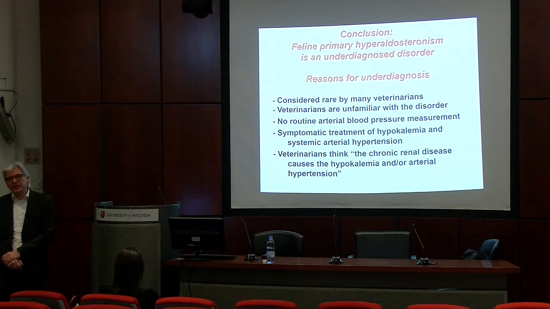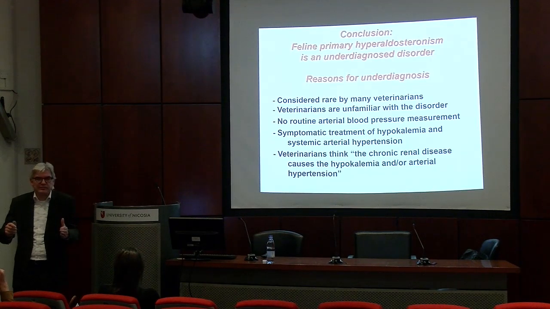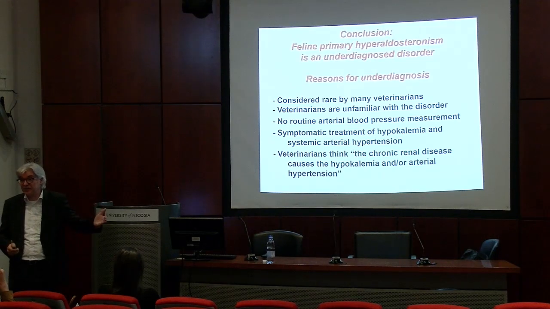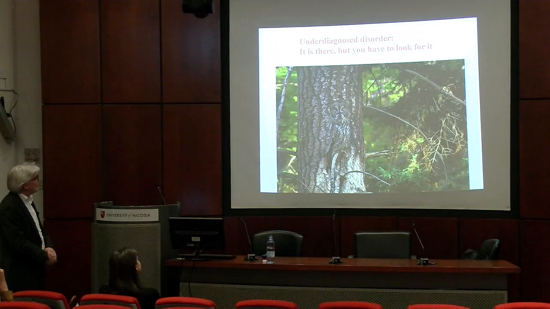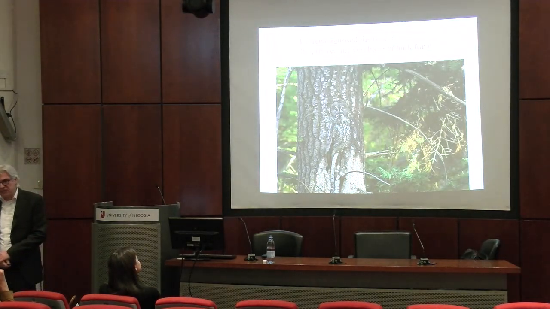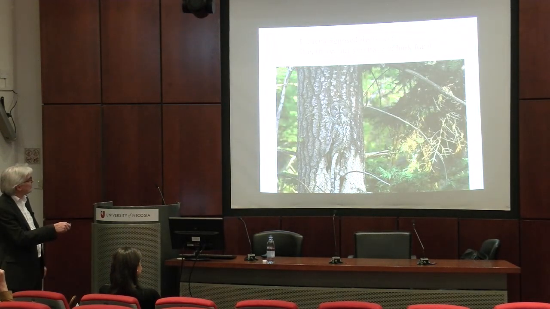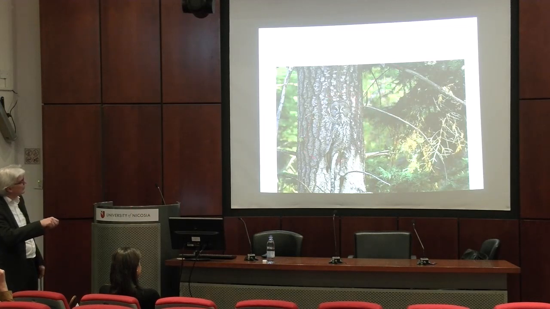And those cats with chronic kidney disease, we know very well that they quite often have a high arterial blood pressure. Why? Well, we don't know, but we treat it. But it may be due to hyperaldosteronism. So we have to look for it. It's an underdiagnosed disorder. It's there, but you have to look for it. And if you look very carefully, you see the hole.